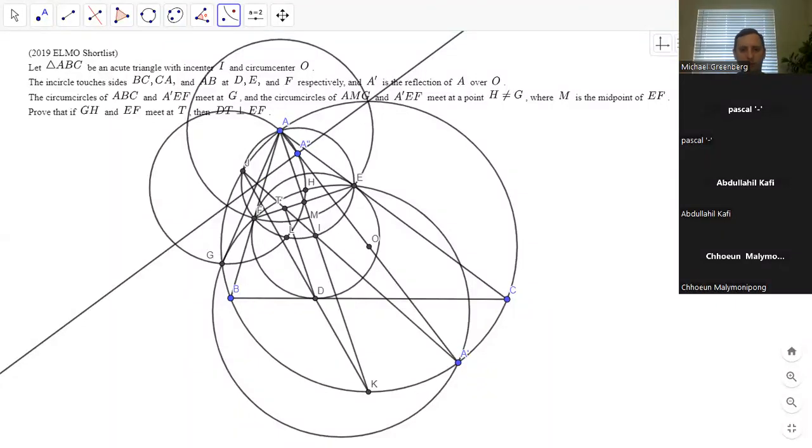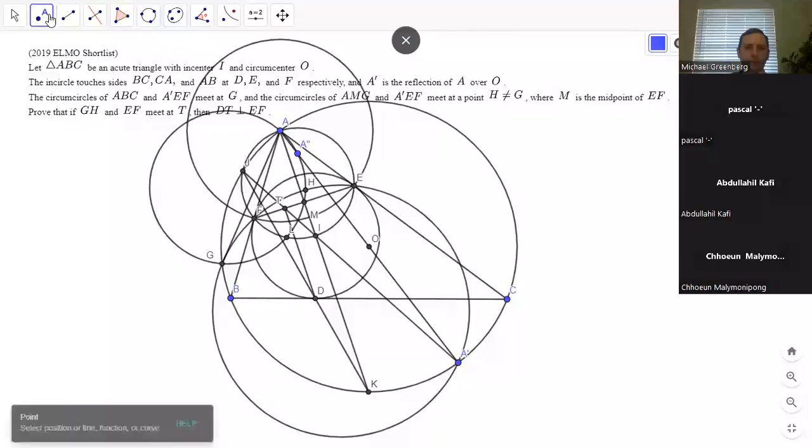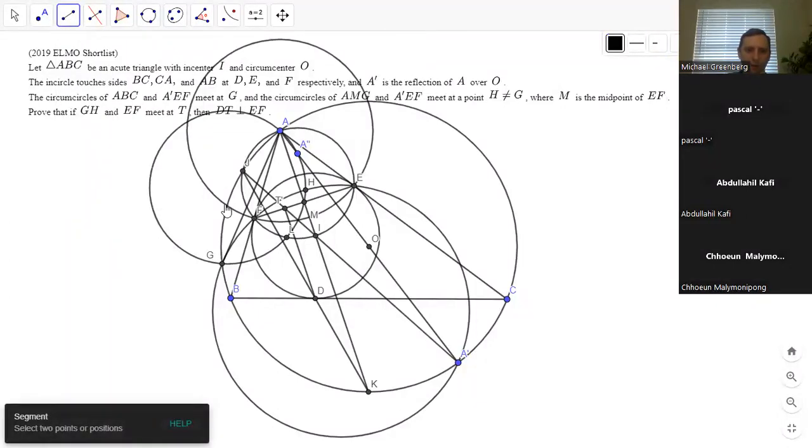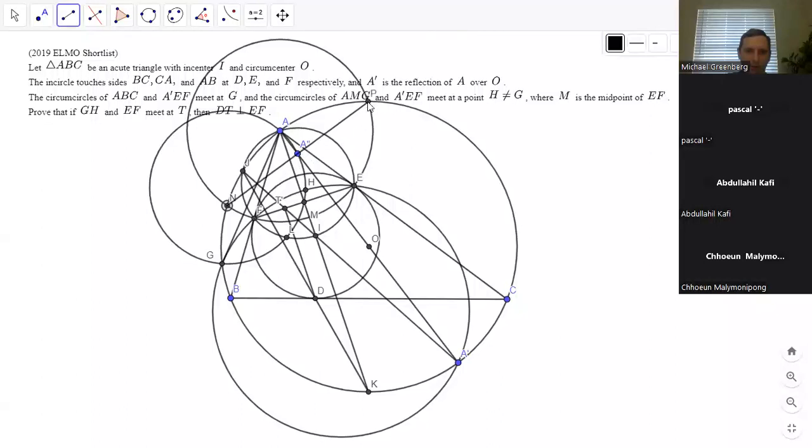I just need to show that B and C invert to a point on this line. So I could start out by drawing this circle with center A and radius AE equals AF, and here is the radical axis of these two circles.